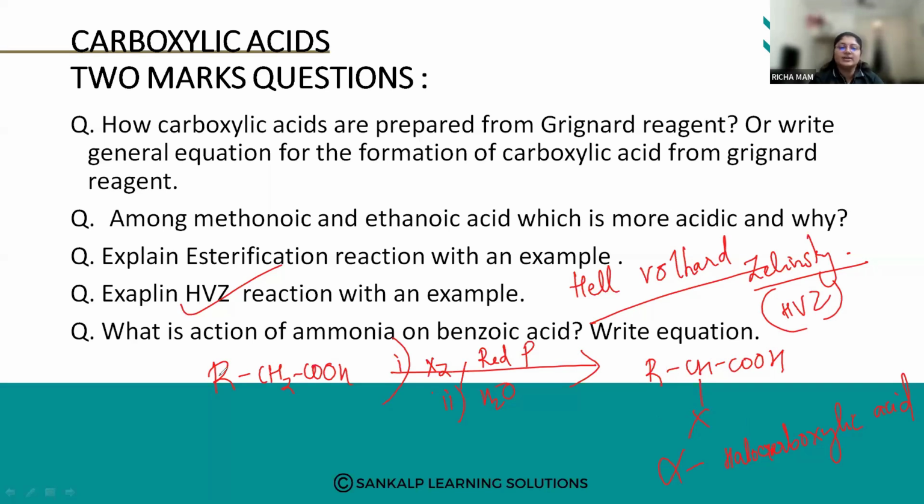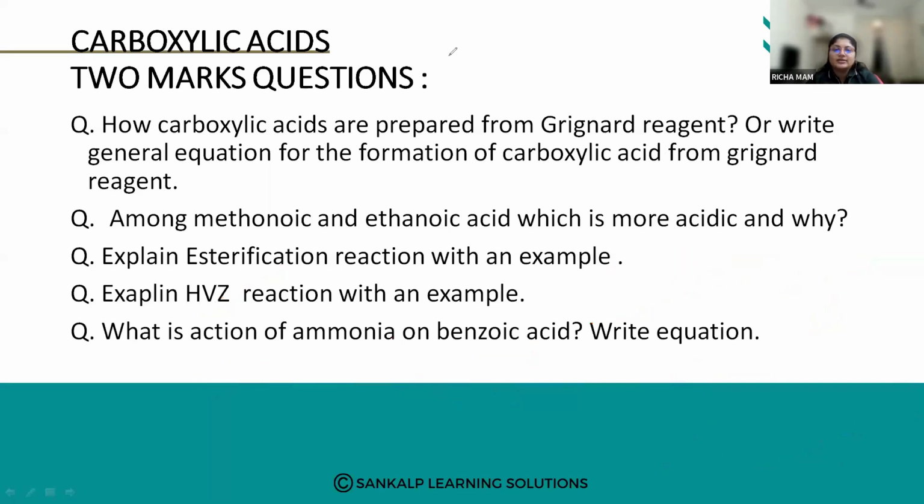So let me give an example. Let me take R as CH3. So I'm going to get CH3COOH, which is acetic acid.